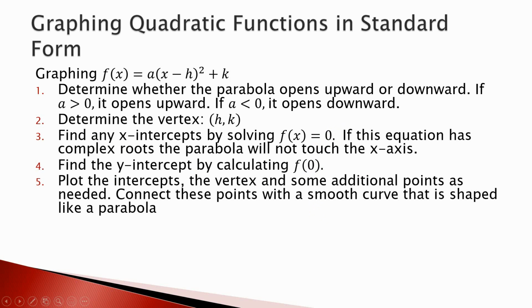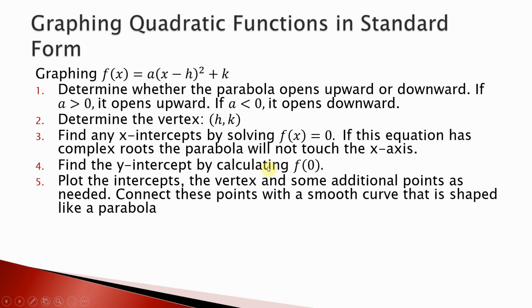The last step is to plot the intercepts, the vertex, and some additional points as needed, and then connect these points with a smooth curve that is shaped like a parabola. In exams, we will not deduct marks if the graph is not perfect, like if it is a bit bent.